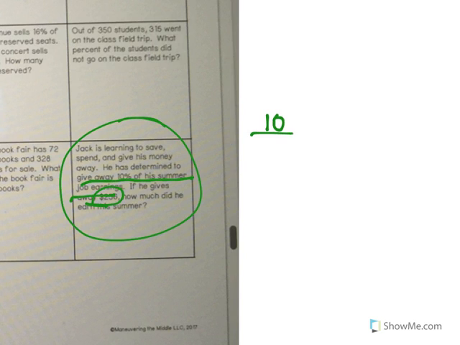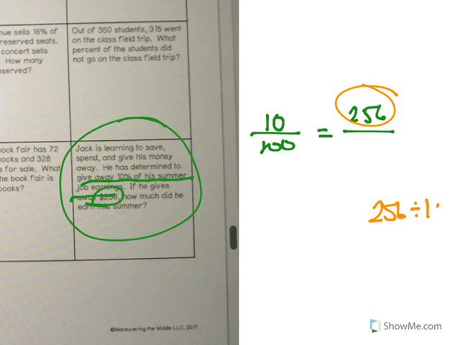So we have 10 over 100, and he gave away 256. So remember what we do. We take the second one, 256, we divide it by 10, so we can see what we can multiply to get that. And I hope you don't need a calculator for that, but I know some of you guys like to use calculators anyway, but that's 25.6.